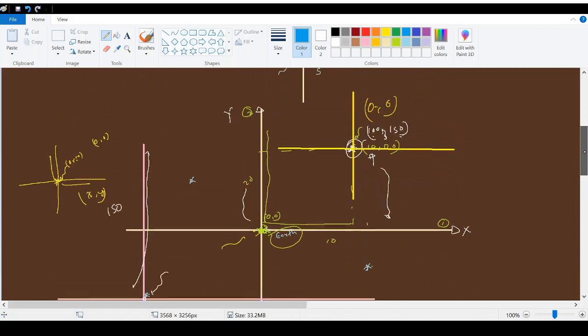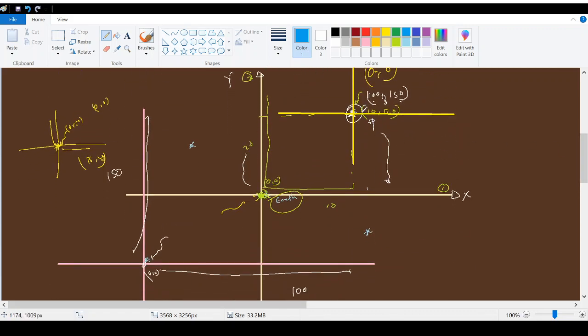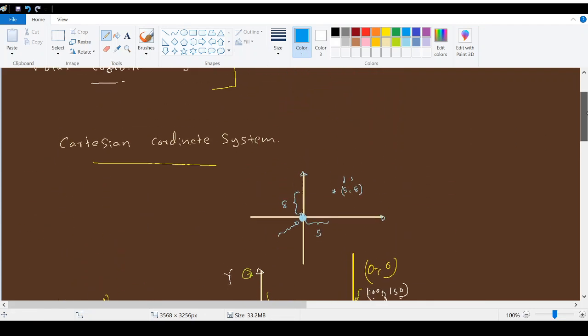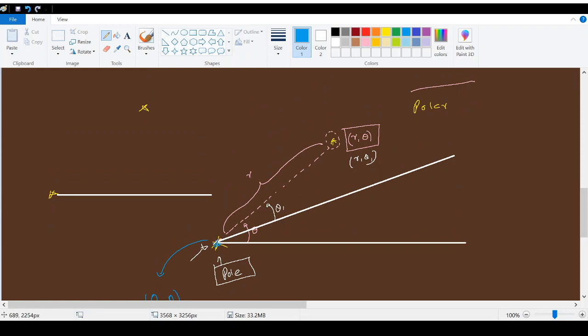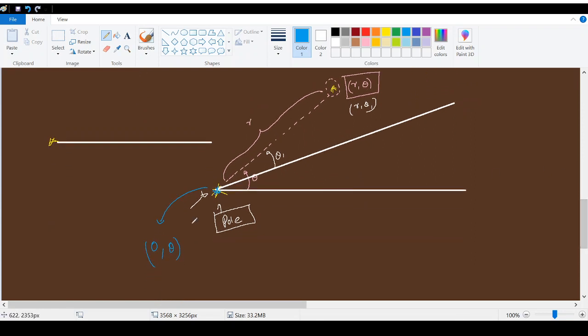Because the Cartesian system that we were using before had only a unique representation for the origin. So 0, 0 is the only way to represent the origin in the Cartesian system. But here in the polar coordinate system, the pole can be represented in infinitely many ways.